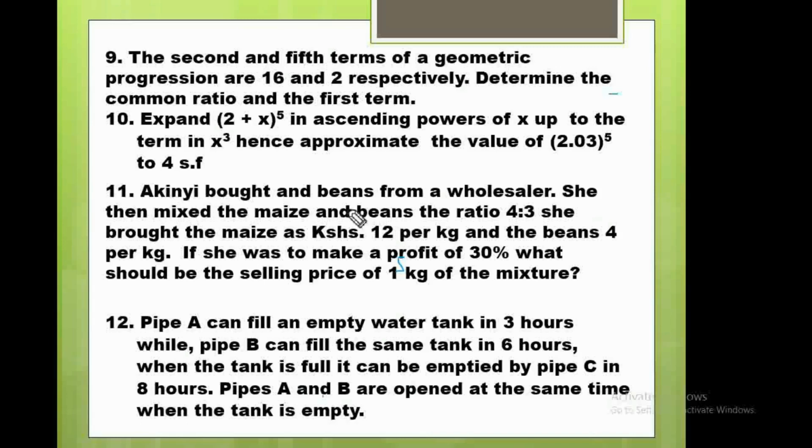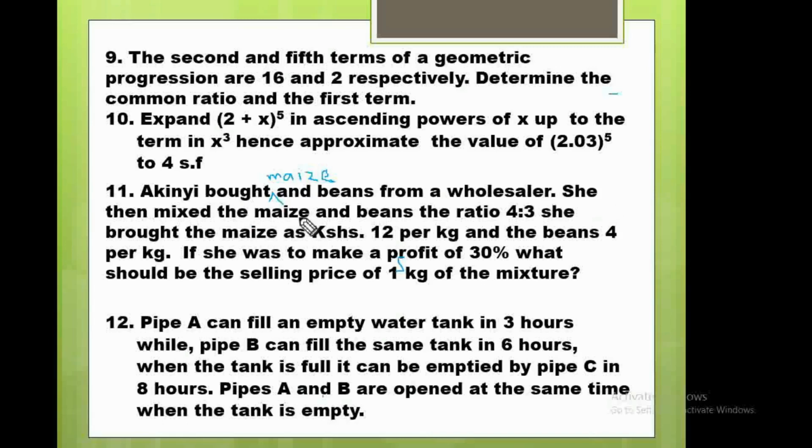A Keane bought maize and beans. So here you can include maize, so a Keane bought maize and beans from a wholesaler.